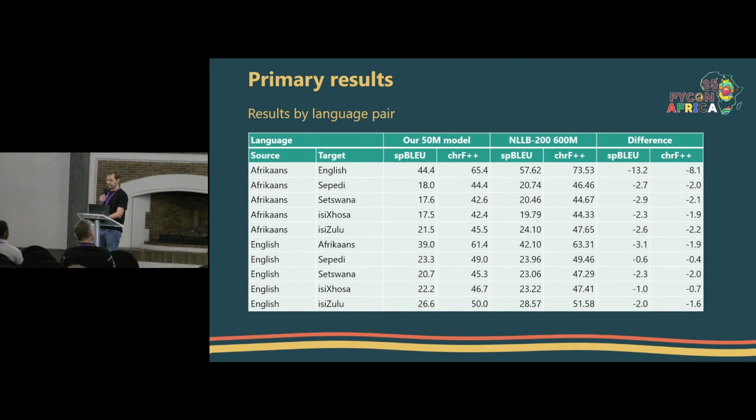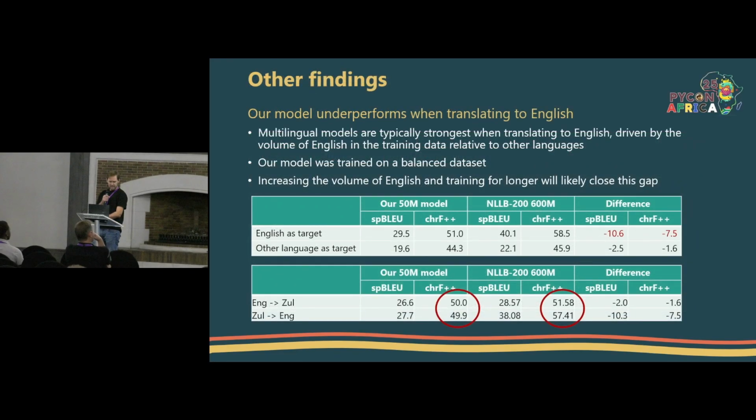I'm just going to run through a few secondary results very quickly. I've got 3 slides on each of the 30 language pairs that you construct from having 6 languages. But something that stands out, if you have some time to look at it, is that our model underperforms on English.